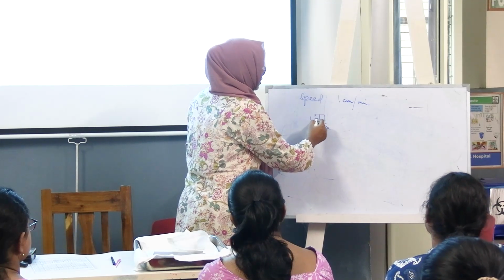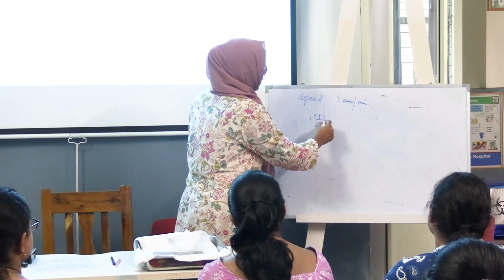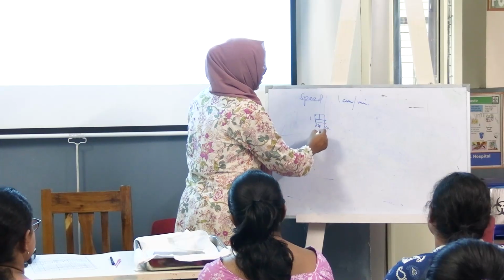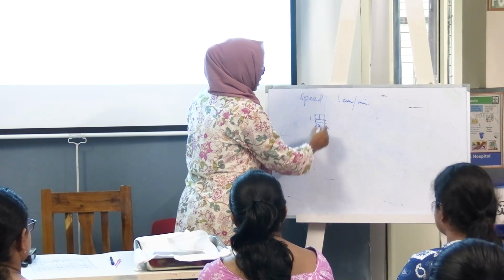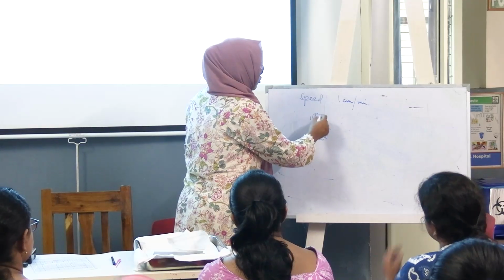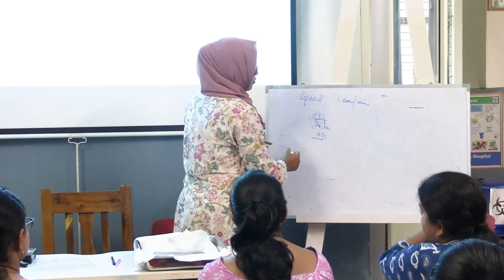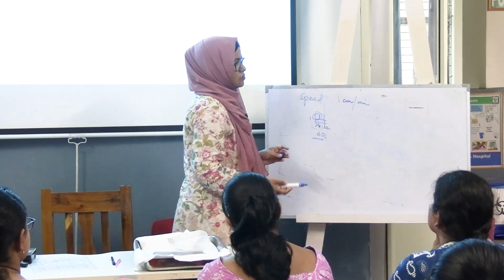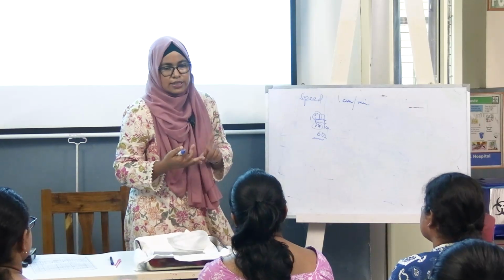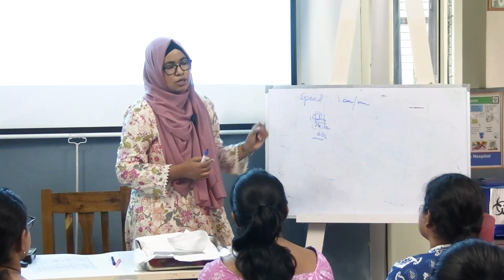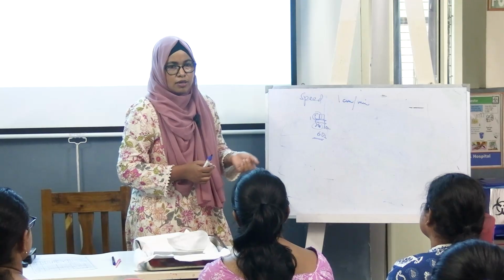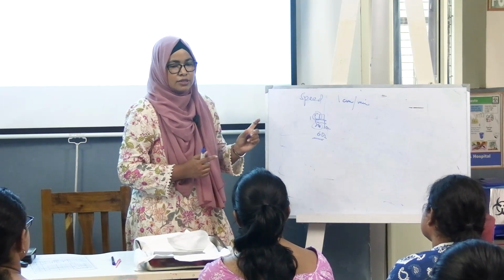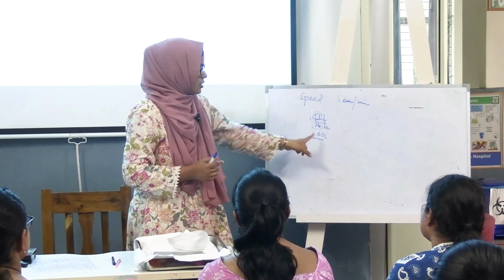So 1 centimeter is equal to 60 seconds, that is two boxes equal to 60 seconds, and one small box equal to 30 seconds. Why is this important? Because when you are measuring the acceleration and deceleration, how much time it is lasting and how many beats per minute it is increasing, at that point you will need this.